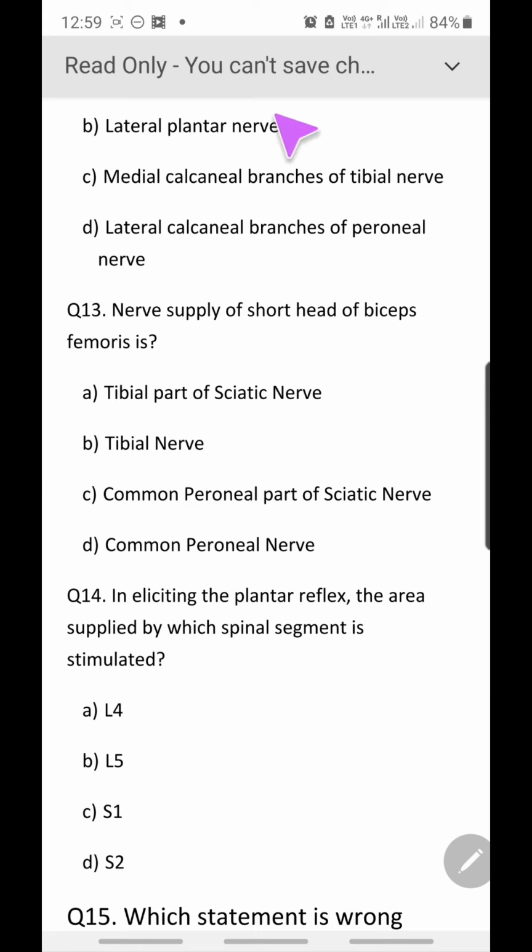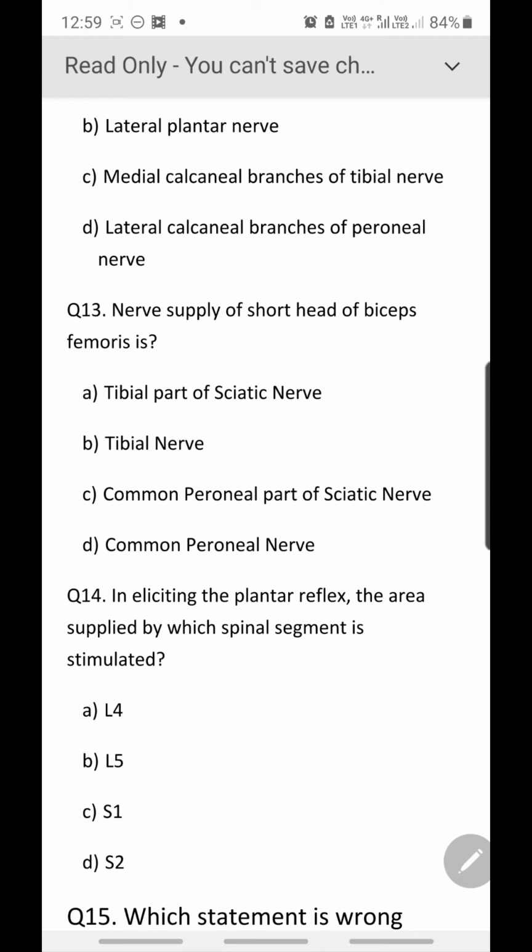Question number 13. Nerve supply of short head of biceps femoris is, it's also an important question. Tibial part of sciatic nerve, tibial nerve, common peroneal part of sciatic nerve, common peroneal nerve. Remember, that is an exception in the back of thigh. It has a lot of importance.